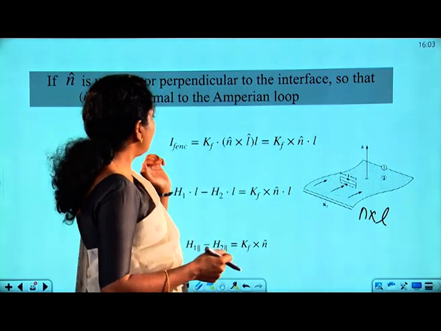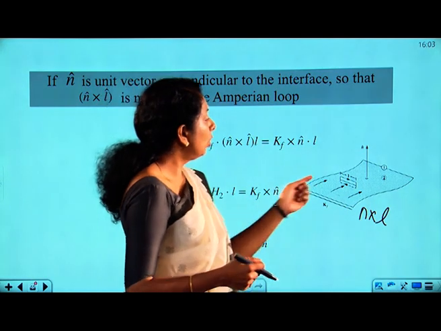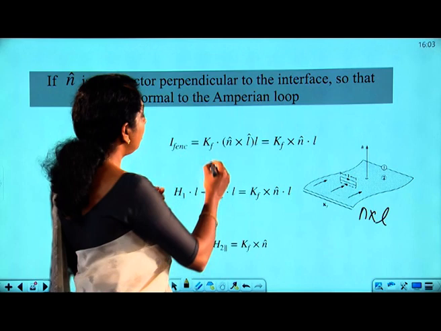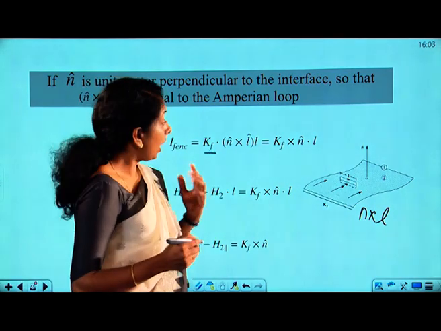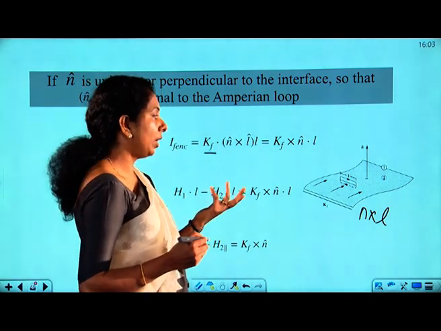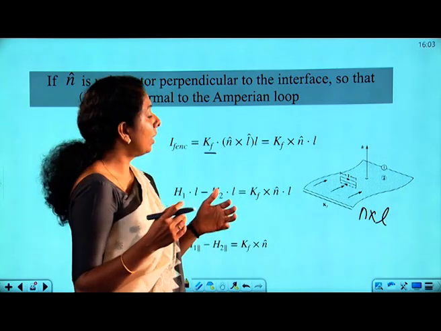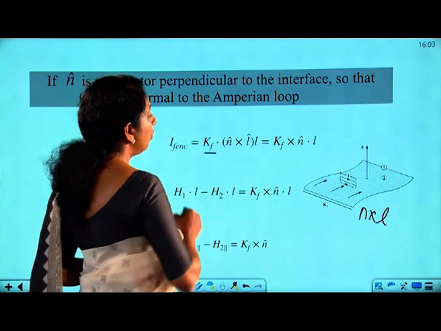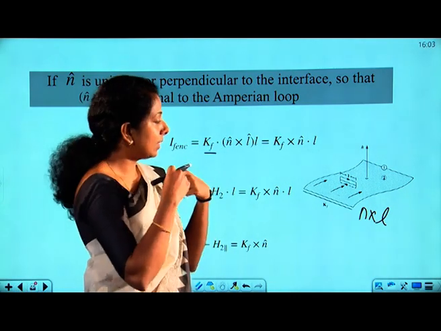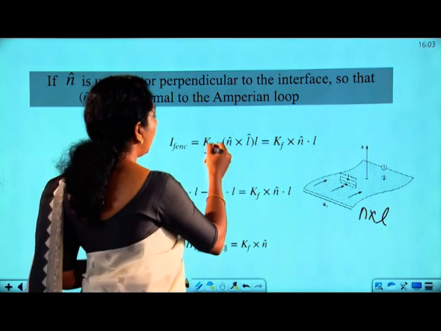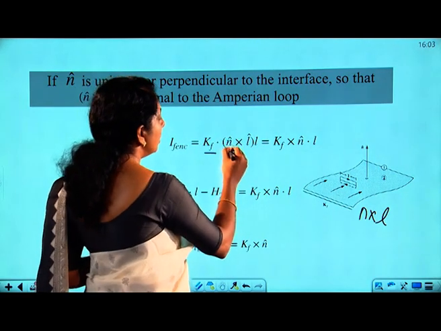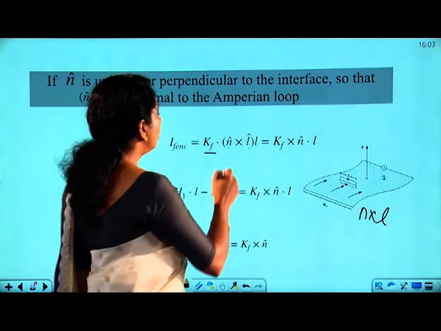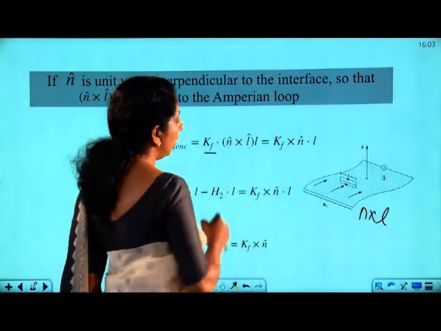To get I_f enclosed, the current passing through this loop of length L, we know that Kf is current per unit length perpendicular to the flow, but we need the current passing over a length L. That is why we take Kf dot n cross L, where n cross L is in the same direction as Kf. This is a unit vector times the length of the Amperian loop. So, Kf dot n cross L, times L.